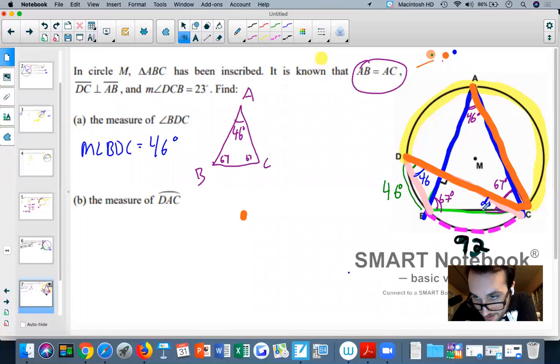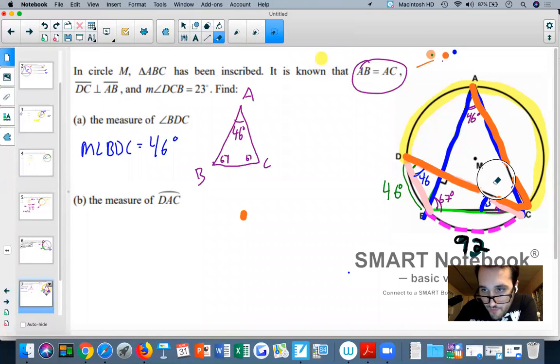This angle that I'm highlighting here was 23 degrees, but we know the whole thing is 67, right? Remember the whole angle is 67? So if I want to find this piece over here, I'm going to highlight it with 2 arcs. We're going to do 67 minus 23, and we get 44. So this orange angle is going to be 44.